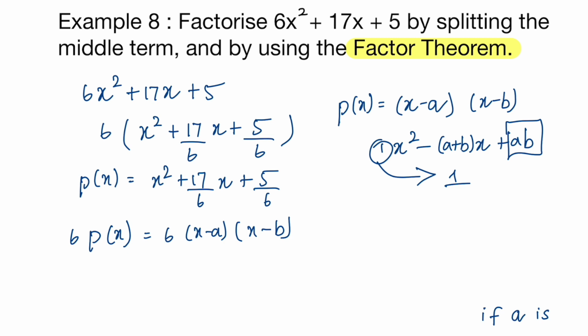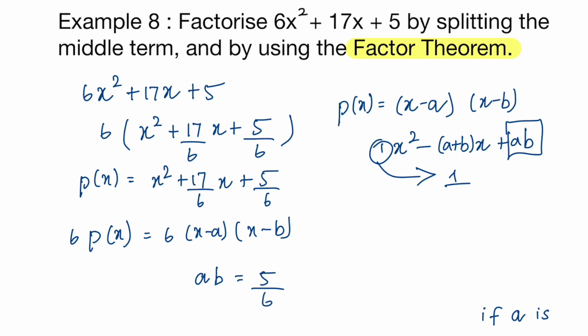Now you know the constant terms here, right? If you compare this with this equation, you will know that ab is the constant term. So 5 divided by 6 is the constant term, and to find the values of a and b, again you are going to use trial and error.